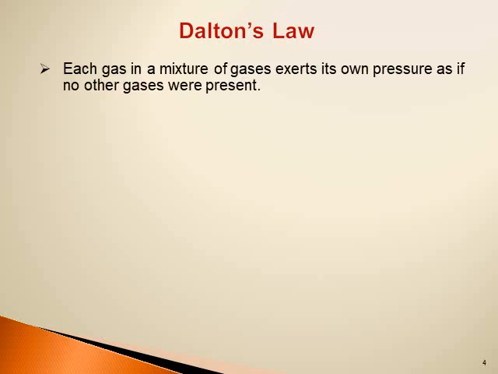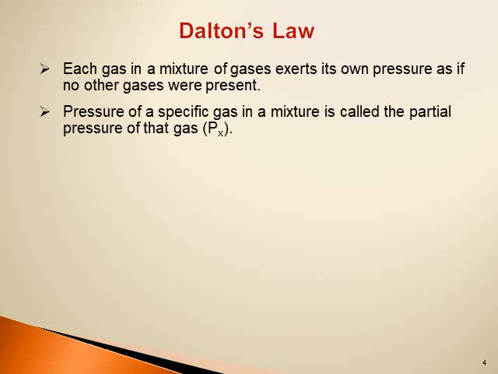Now, in the previous lecture we came to know Boyle's law, where the pressure of a gas is inversely related to its volume at a constant temperature. Dalton's law states that each gas in a mixture, like the atmospheric air, exerts its own pressure, as if no other gases were present in that mixture.